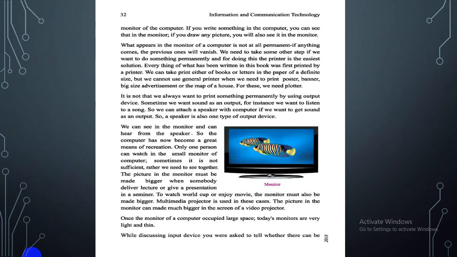So the monitor presents us one picture after another. We need to take some other step if we want to keep something permanently, and for doing this, the printer is the easiest solution. To make it permanent, we must take help from another output device, the printer.